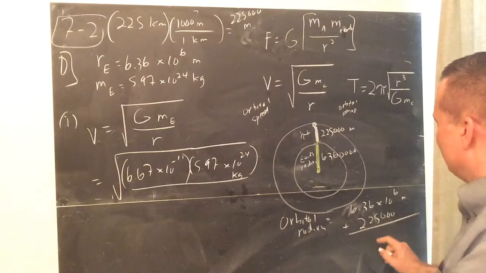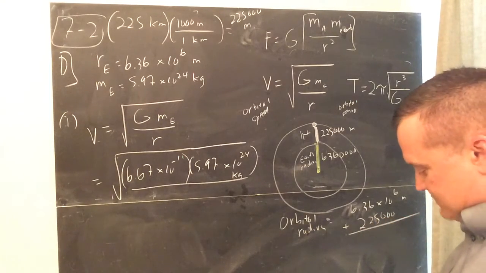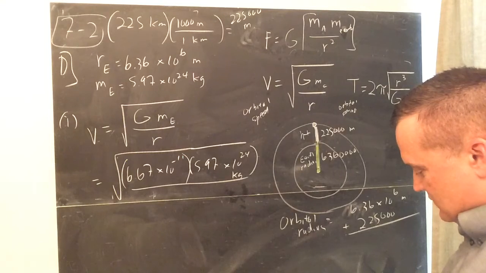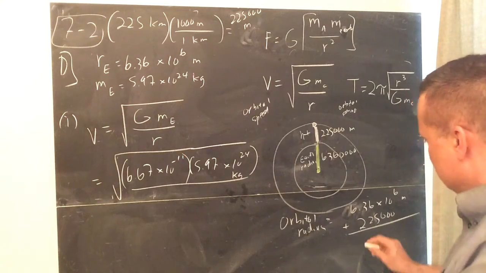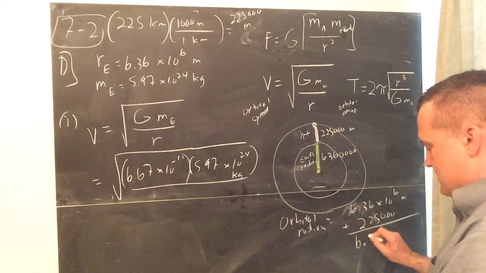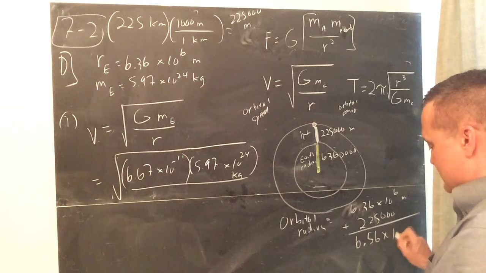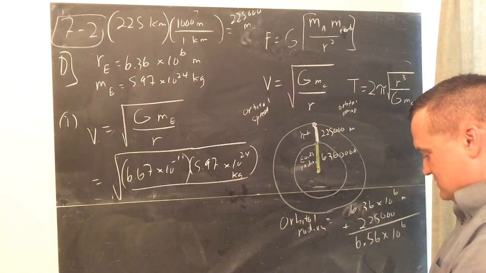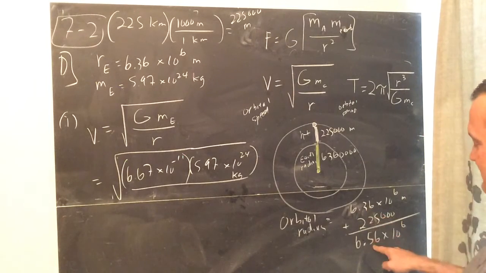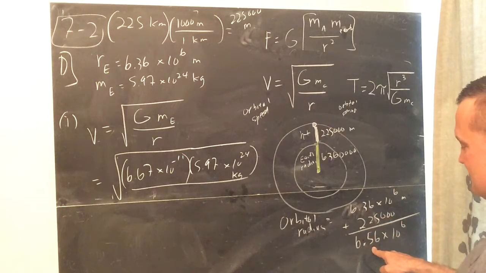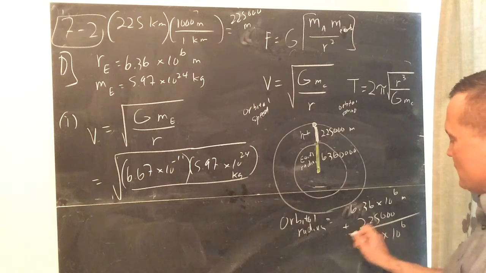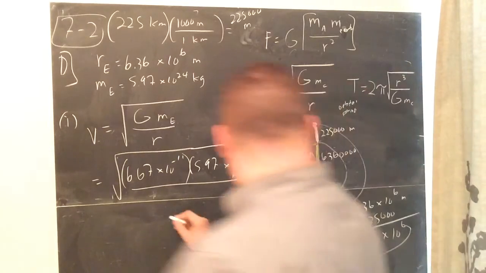All right, add those together. So 6.36 times 10 to the 6, plus 225,000, and I get 6.585 times 10 to the 6. So we significantly changed that to 6.56 times 10 to the 6. That is the orbital radius. Wow. All that, just to put that number in here.